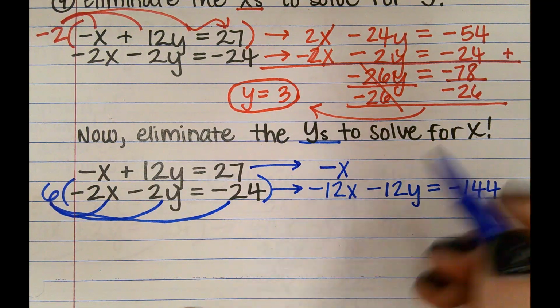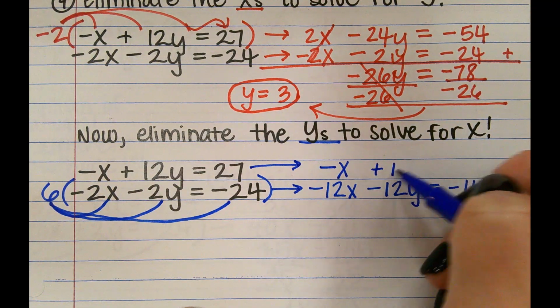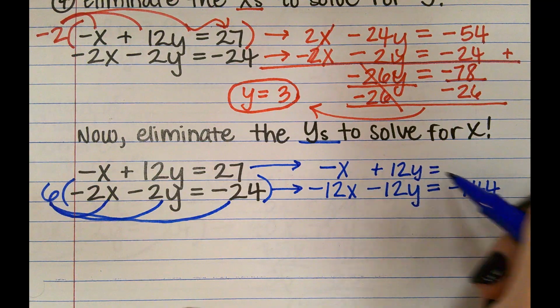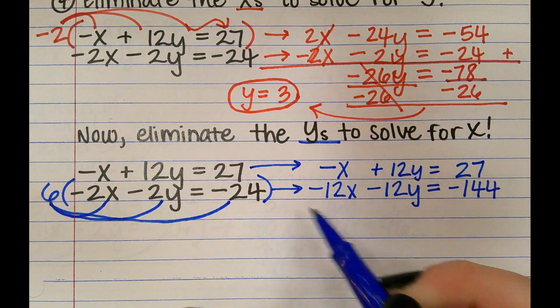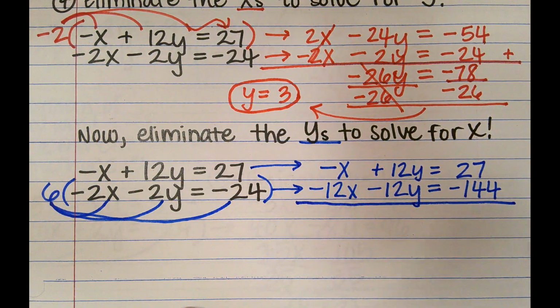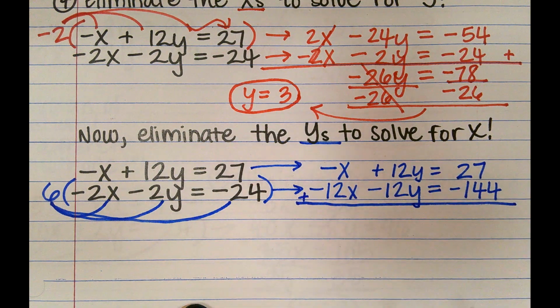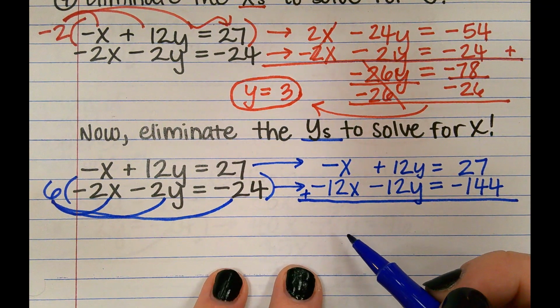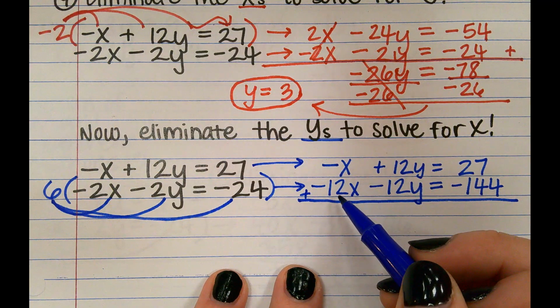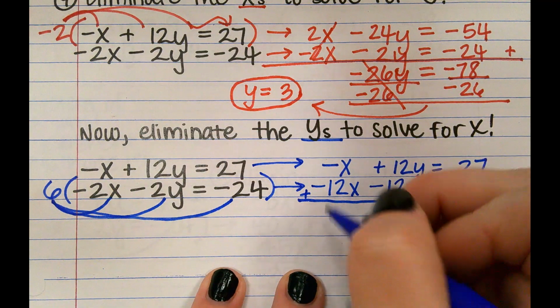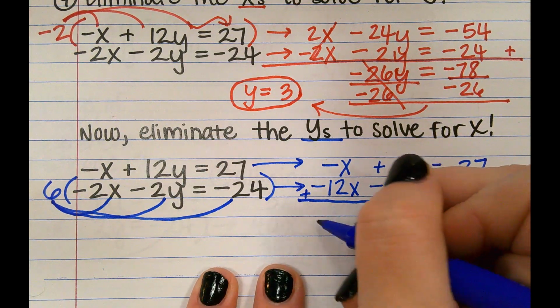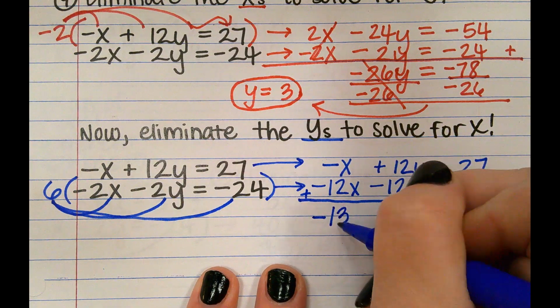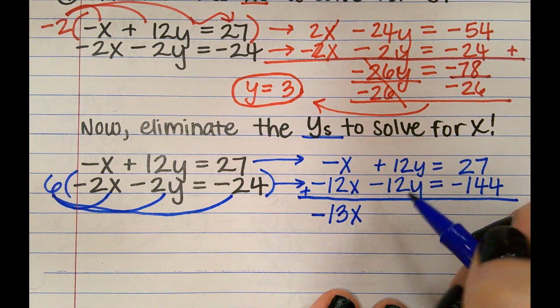I've got -x plus 12y equals 27. You add the equations together. -x plus -12x will give us -13x. Y's cancel.